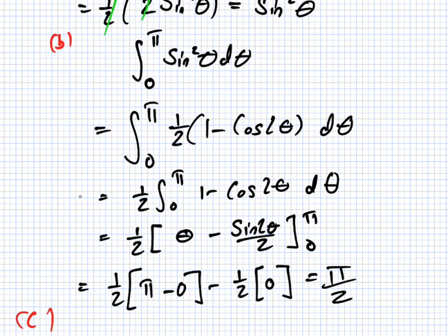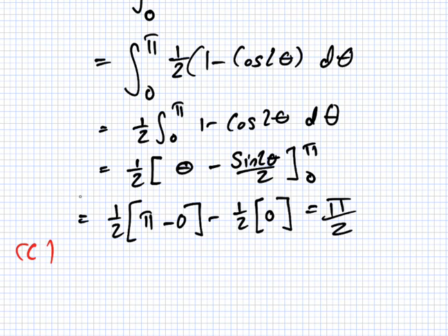So part C is an absolutely amazing question. It's like Santa Claus came to you and gave you this question, because it is almost like what you did in semester 1. First, I'll divide everything by 2, and I get cos squared 2 theta minus sine squared theta.